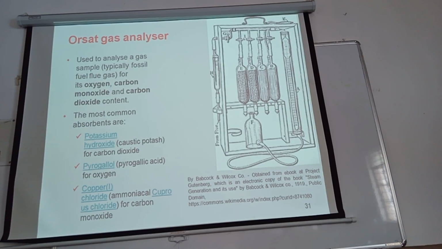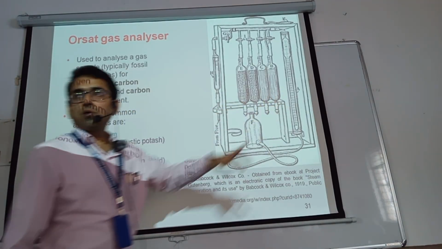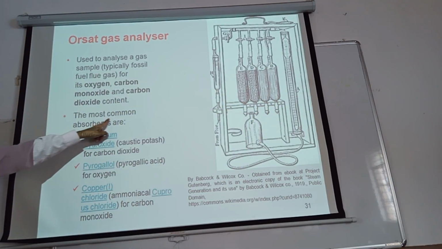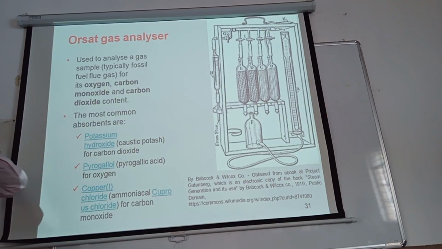Actually, what we will do is take some exhaust gas sample and collect it, for example, 100 ml. Then out of this 100 ml, we will selectively use chemicals. What are the chemicals here? The most common absorbents will absorb the gases, and therefore the volume will reduce.